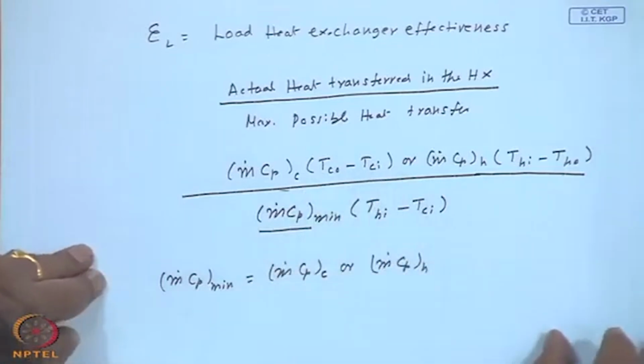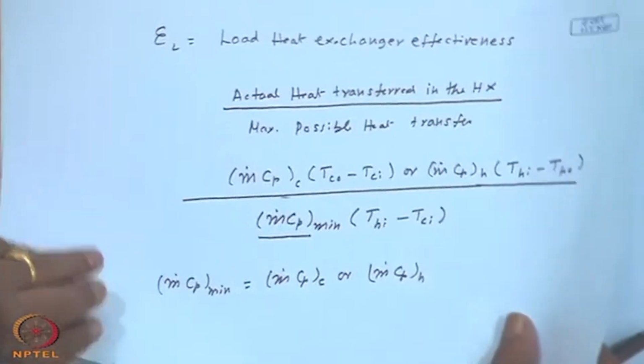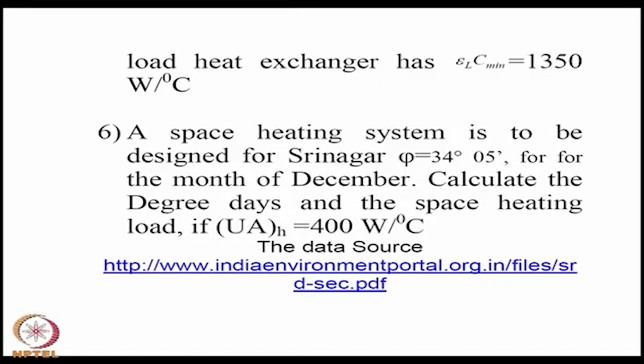Of course, inherent in this formula is that the heat gained by the cold fluid is equal to the heat lost by the hot fluid. If not, another practical way of writing the denominator is, depending upon the objective, whatever is the change or the acquired heat transfer by the cold or the hot fluid upon m dot C p minimum times T h I minus T c I. So, this indicates how good the effectiveness of the heat exchanger is.